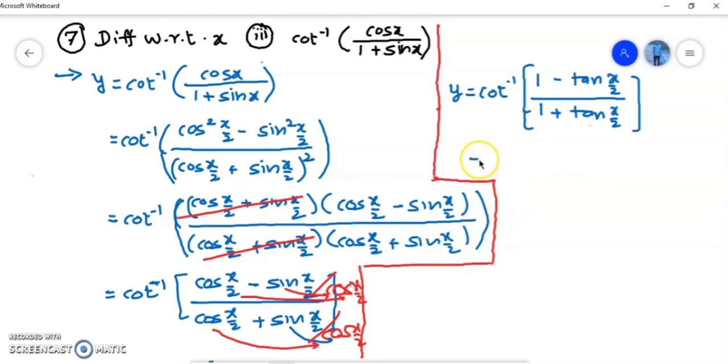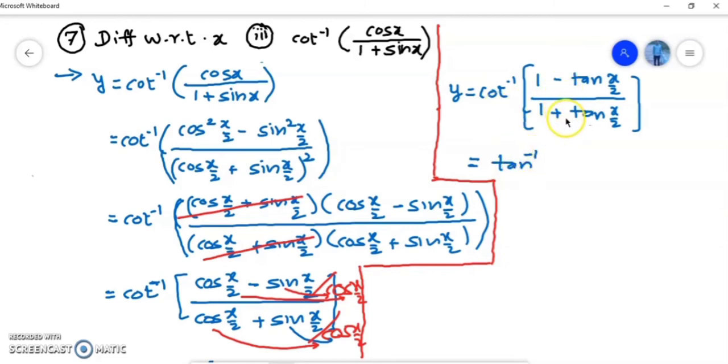This is further written as cot inverse of, you must remember, tan pi by 4 minus x by 2. Or we can do it in a slightly better manner. After this, I can write this cot inverse of this bracket as tan inverse of something easily.